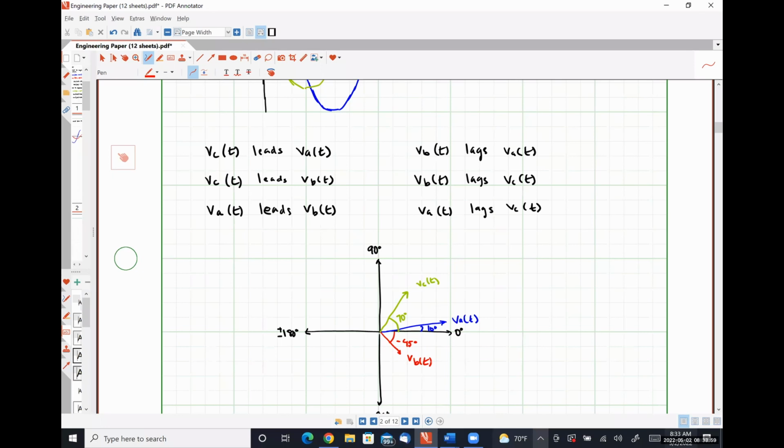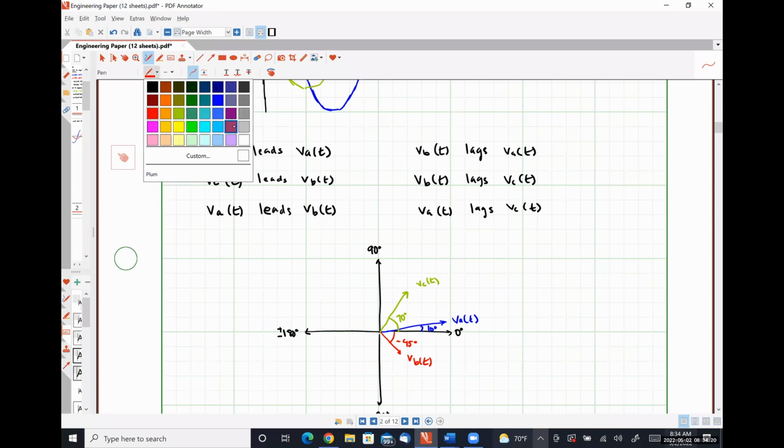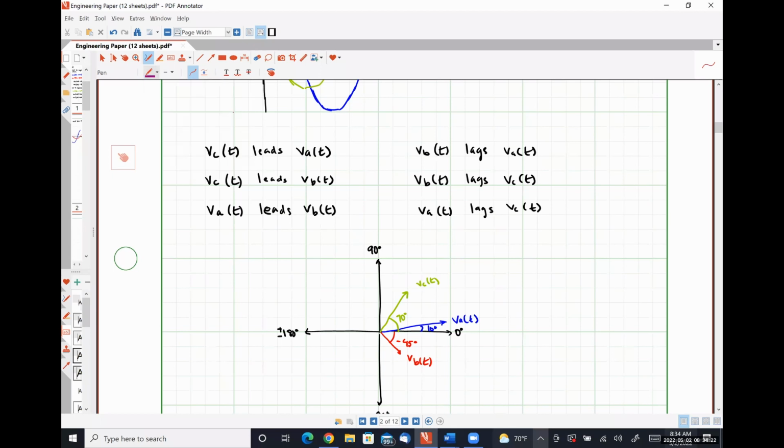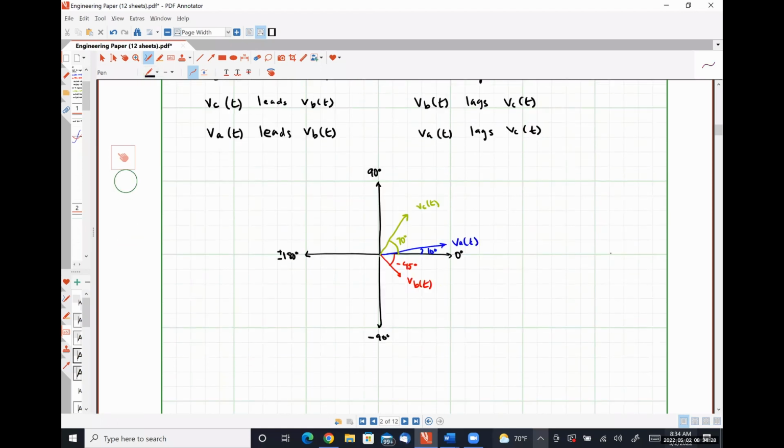So for example, if we wanted to see by how much VA lags VC, we would start measuring. I'm going to do this in purple because I haven't used that yet. Start measuring from VC. Actually, I'm going to write this down so that it's clear what we're doing.